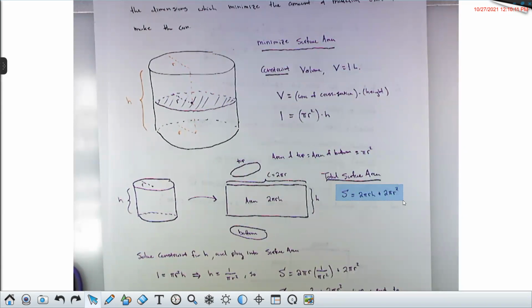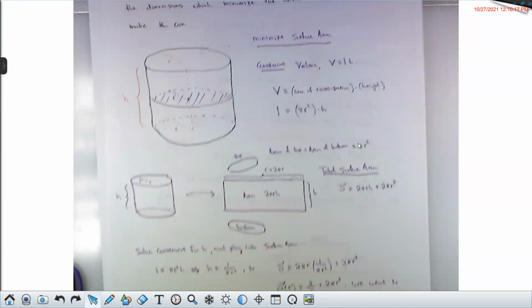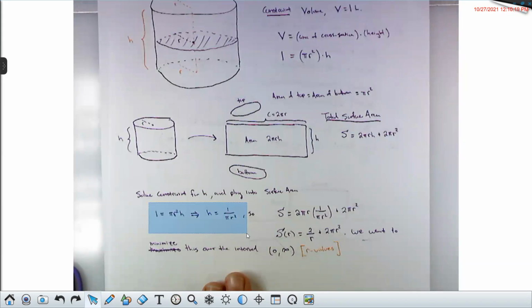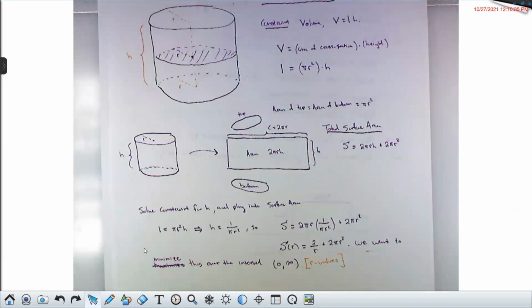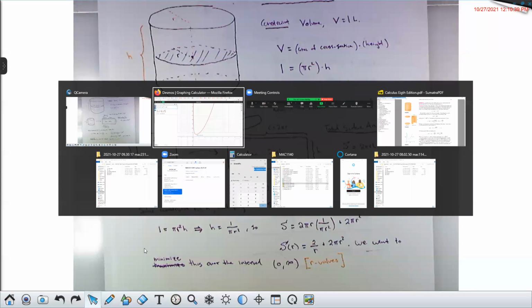Then the surface area had 2 variables, r and h. So I go back to my constraint and I solve that for h. That's what we're doing here. Once I have my constraint solved for h, I can plug this into my surface area function. And that gives me that surface area purely as a function of the radius, which then I can differentiate to try and minimize. Not too bad.